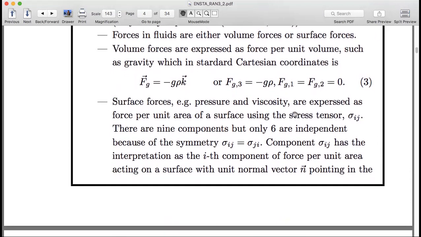We also broke our forces in the fluid into volume forces and surface forces, with a practical definition that a volume force is anything most conveniently described as a force per unit volume. For us, the most obvious example, and perhaps the only example, will be the force of gravity.